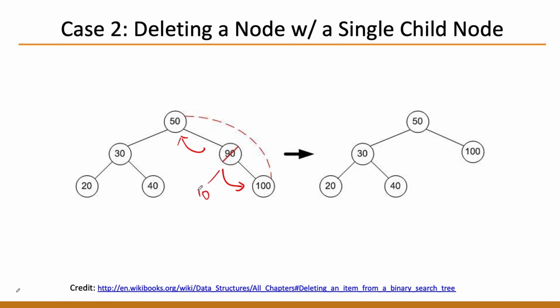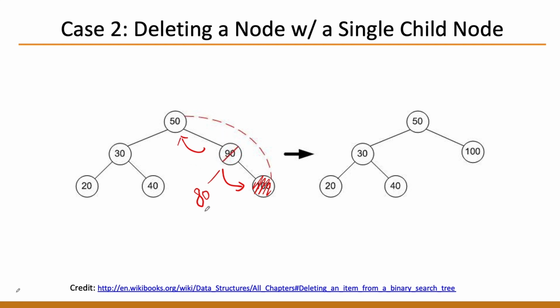Potentially, for example, suppose you don't have 100, you have 80. Then what you do is also the same. You take your child and reconnect it to your parent. The reason you can do that is that you're deleting a single child node on the right-hand side. Remember, based on the BST property, everything to the right of the root node will be greater.